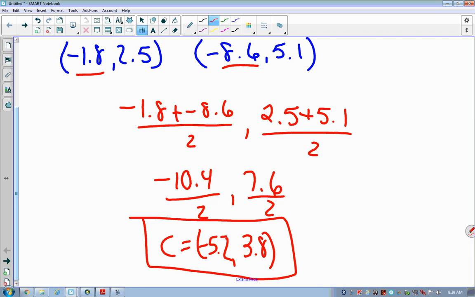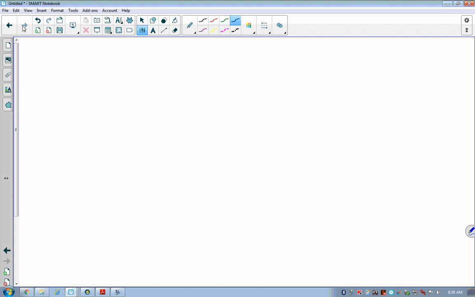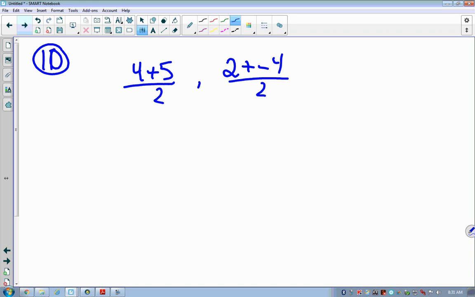All right. Next question up is number 10. All right, so we should be able to skip kind of to the 4 plus 5 divided by 2 and the 2 plus negative 4 divided by 2. 5 plus 4 is 9. 9 divided by 2 is 4 halves, or what? 4.5.